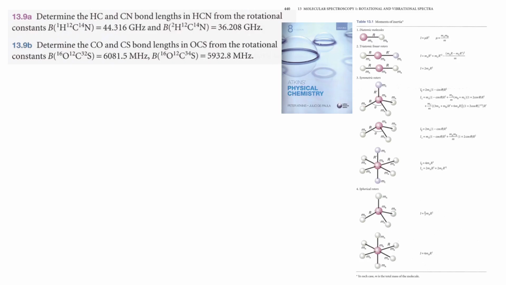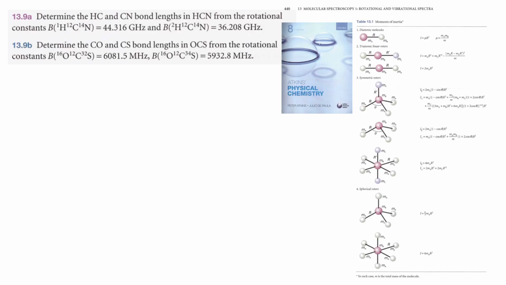First of all, we need to determine the individual bond lengths, HC and CN bond lengths, in a triatomic asymmetric molecule where the rotational constants are given for the individual halves.